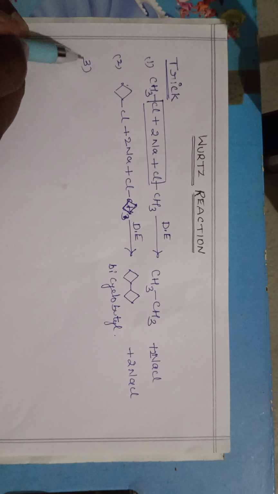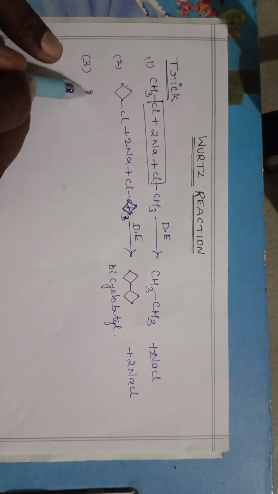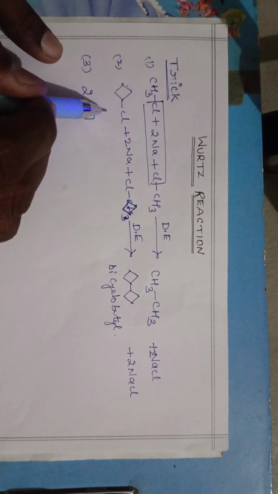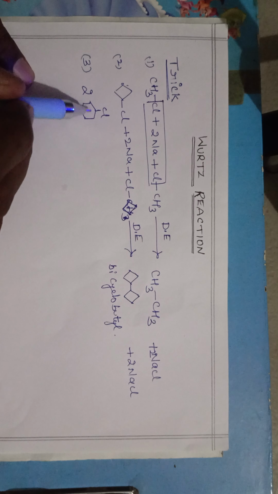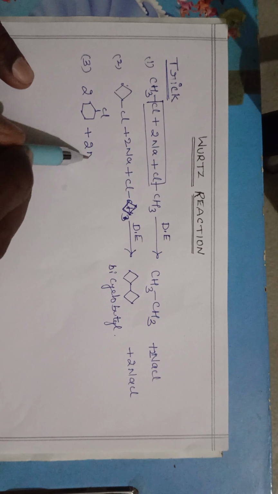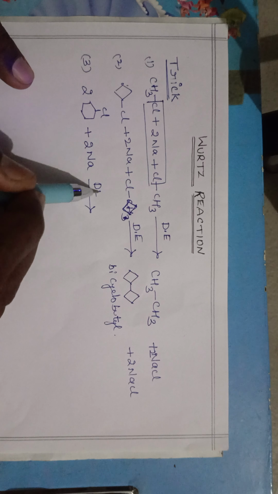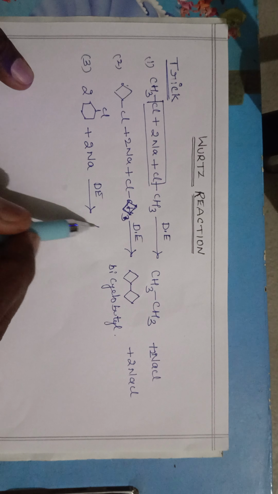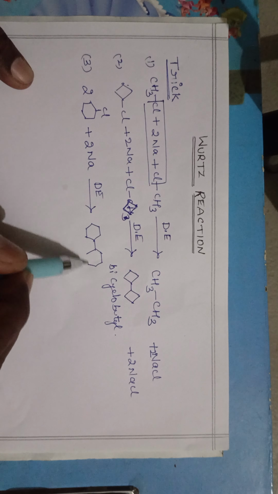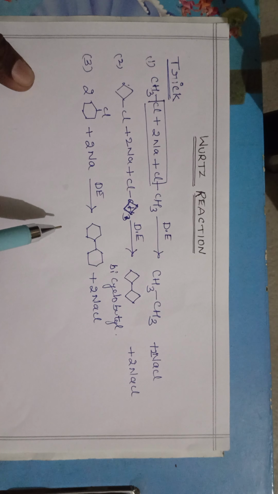Now the third one: 2 moles of cyclohexyl chloride, or chlorocyclohexane, react with sodium metal in the presence of dry ether, 2 moles of Na, plus 2NaCl.